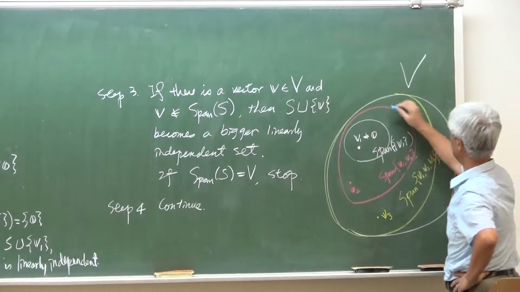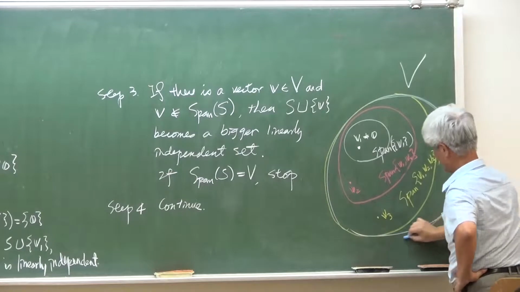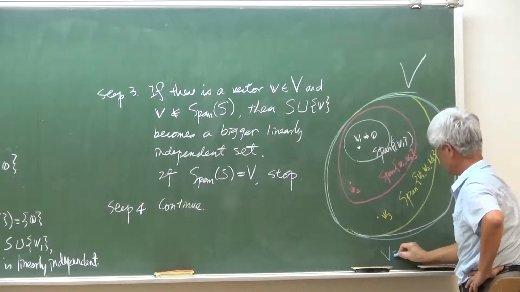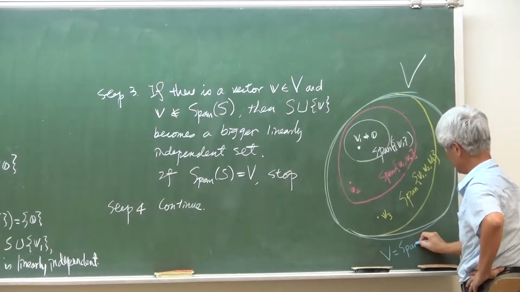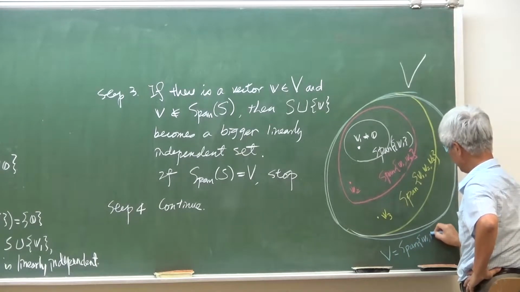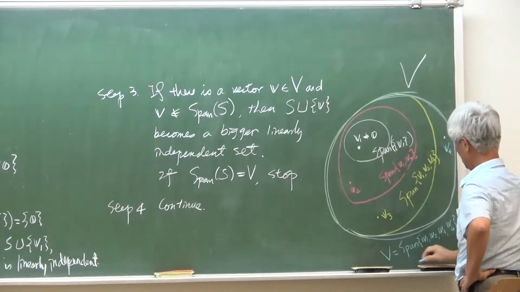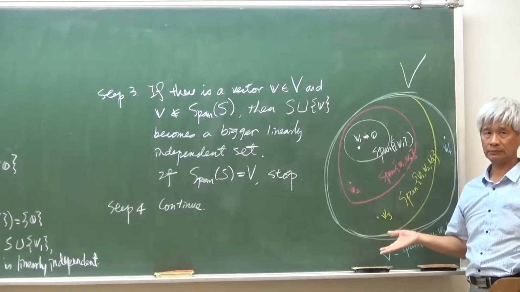Finally, we find that with V4 together, V is equal to the span of V1, V2, V3, and V4. There's nothing left, and we stop.